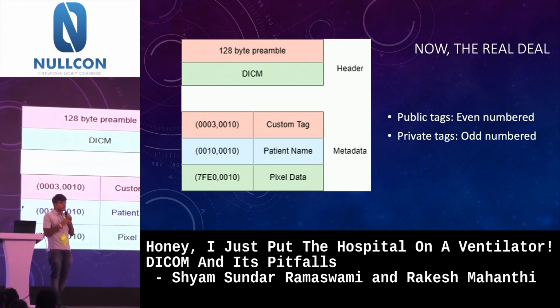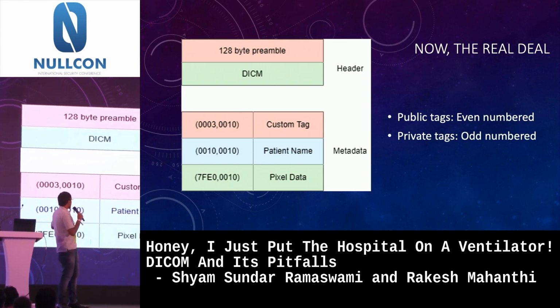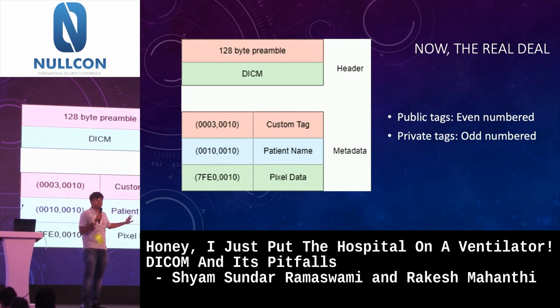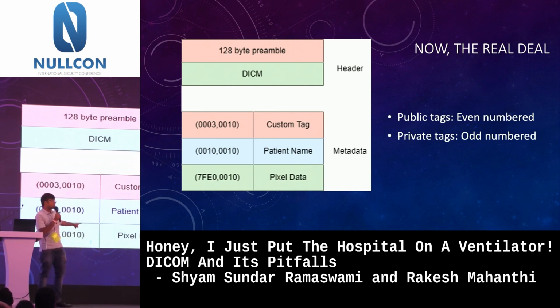In the sense that all the tags in the even number namespace have a certain meaning associated with it. For example, if you take the 00100010 tag, it is meant to be the patient name. You can't change the meaning of the tag. So all these public tags have a certain meaning associated with them. Cool? Now moving on, there is pixel data which usually goes into a standard tag called 7FE00010.